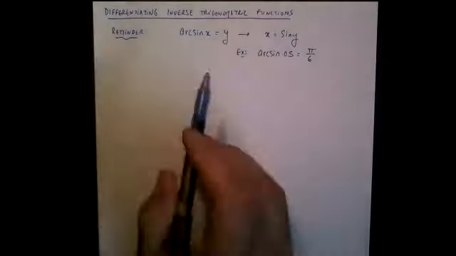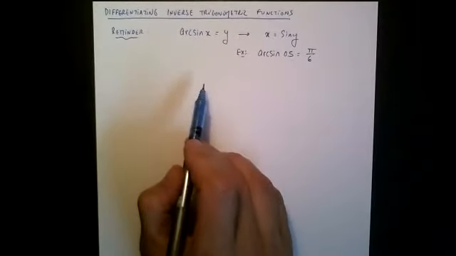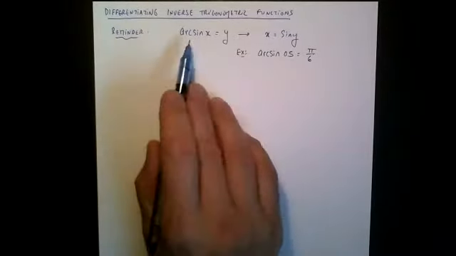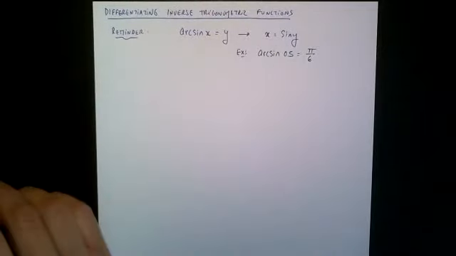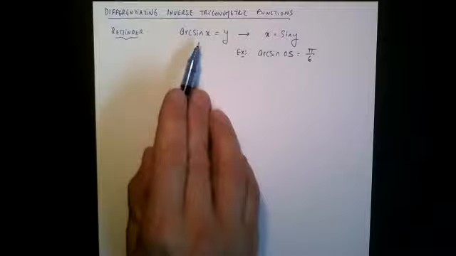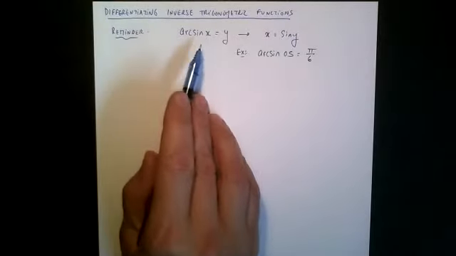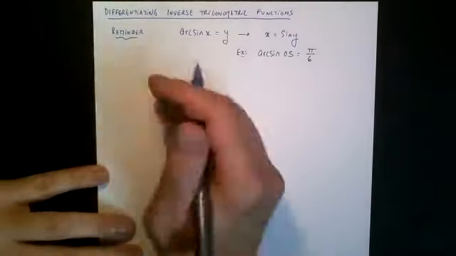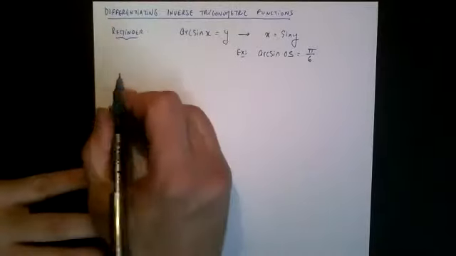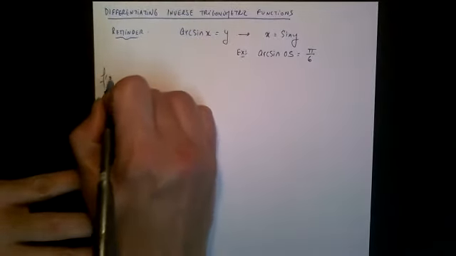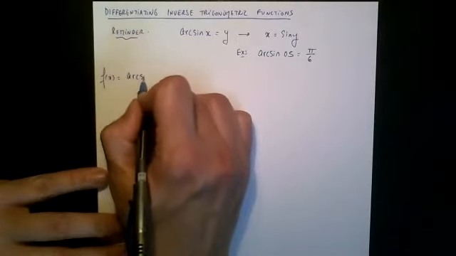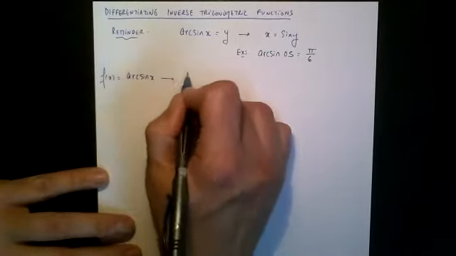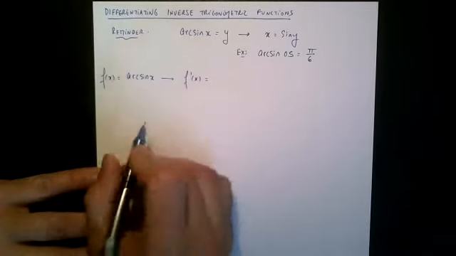And same thing for the arc cosine, arc tangent, arc cosecant, same principle. I'm not going to write it for everything, but that's the idea. And now I want to derive these functions. So let me write them down. I'm going to write all the formulas here, and then we're going to prove them. So if f of x is equal to the arc sine of x, then f prime of x equals.